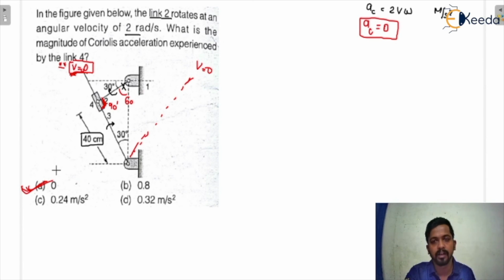Every time, if you learn the formula and get the answer, that is not always valid. You must use your sense, the basic concepts, what is given in the question and what we require to get the solution. I hope you understand the solution.